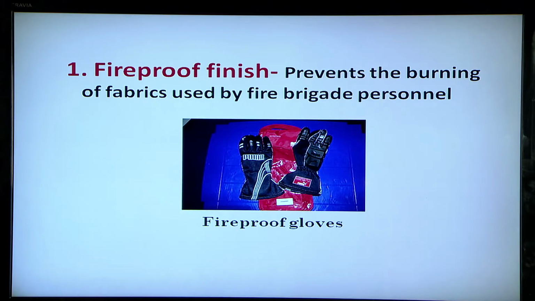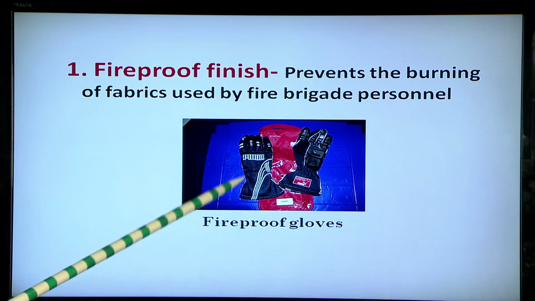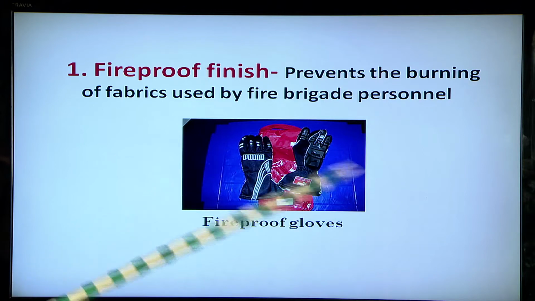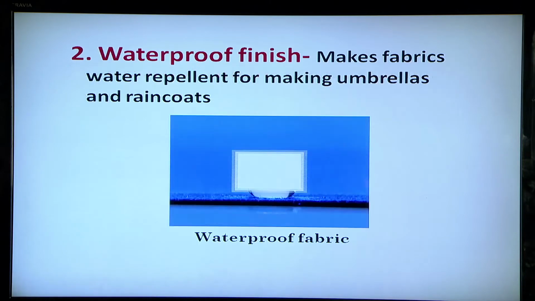The fabric produced by fireproof finish application are suitable for fire brigade personnel. As you can see, these are the gloves which have been applied by the fireproof finish. The second being the waterproof finish, which makes the fabrics water repellent and is suitable for making umbrellas and raincoats.